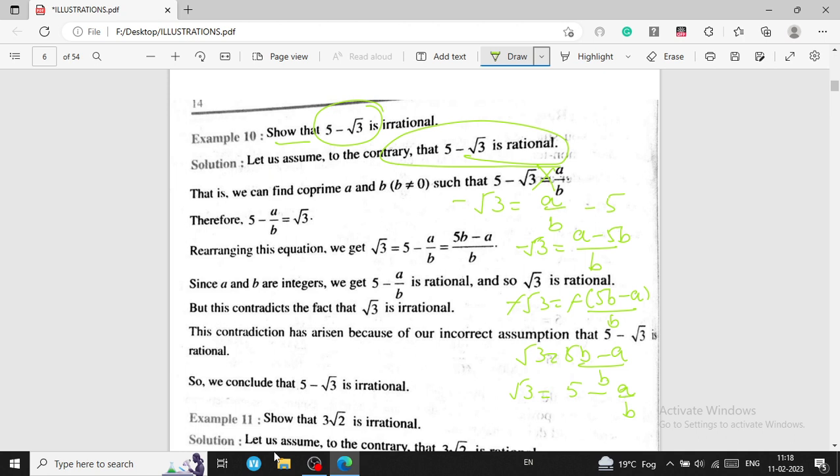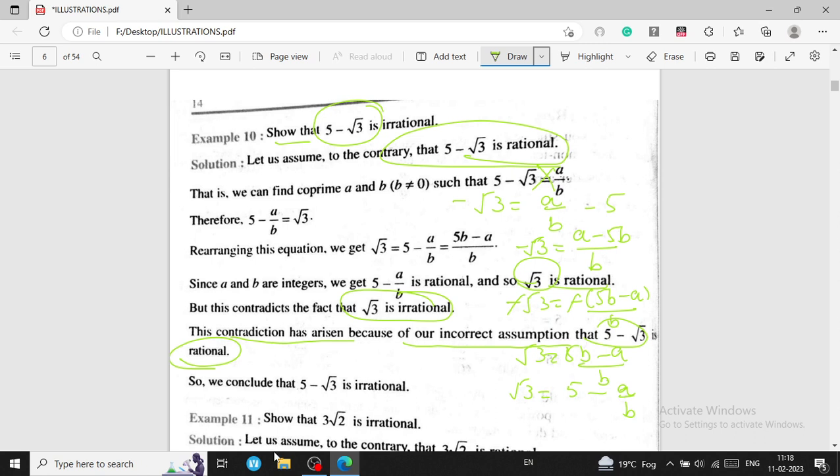So here root 3 is rational. We took it in the previous example, where we already showed that root 3 is irrational, and this contradiction has arisen because of our incorrect assumption. So that's why 5 minus root 3 is an irrational number.